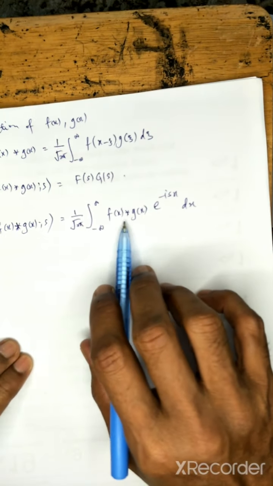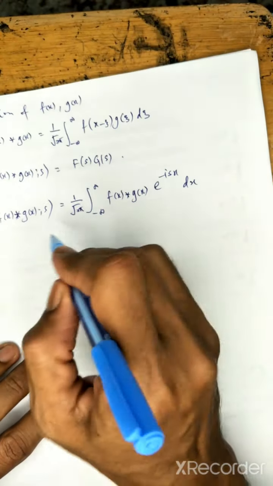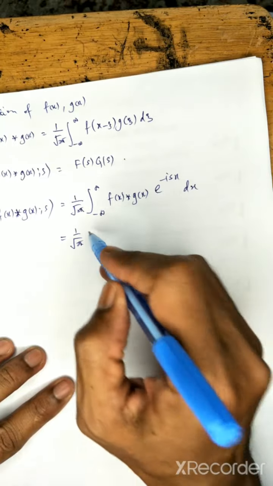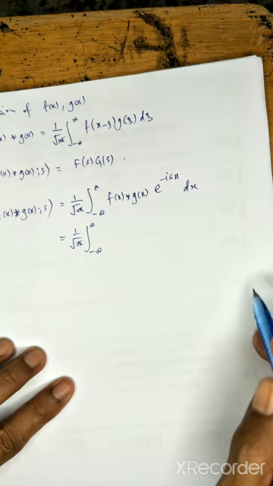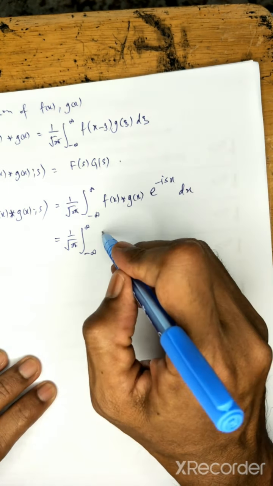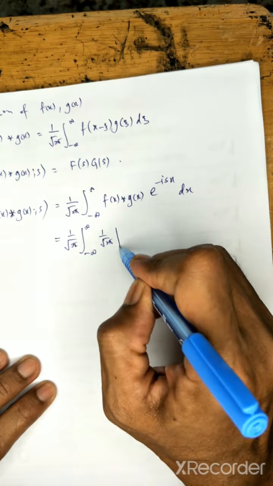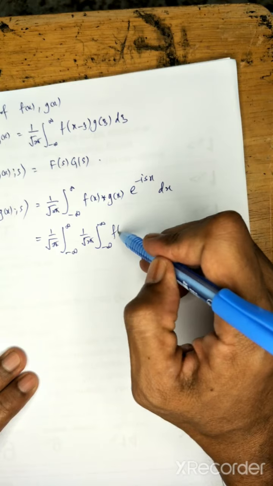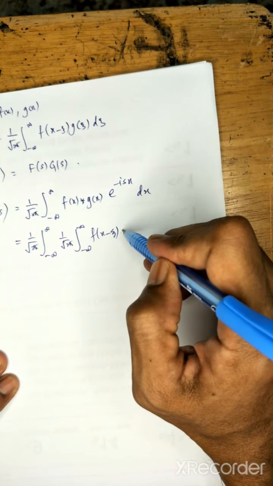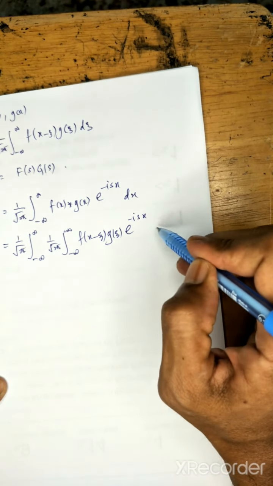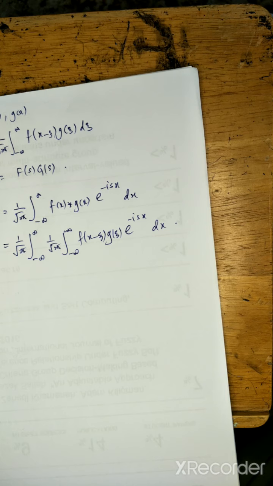We use the definition of convolution, then this is given as 1 over square root of 2 pi, integral from minus infinity to infinity. The definition of convolution is given here, so we have another 1 over square root of 2 pi integral from minus infinity to infinity of f(x minus zeta) g(zeta), and we have e to the minus i s x dx.